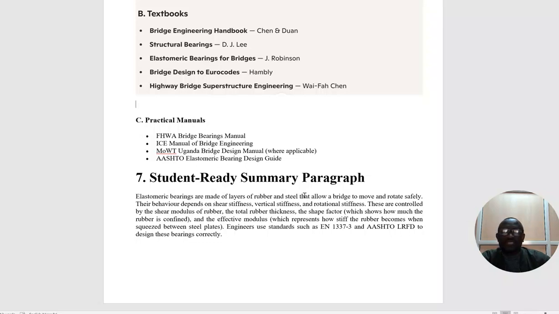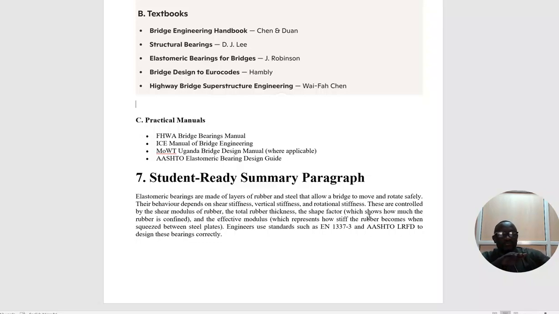Then the student-ready summary paragraph. Elastomeric bearings are made of layers of rubber and steel that allow a bridge to move and rotate safely. Their behavior depends on shear stiffness, vertical stiffness, and rotational stiffness.